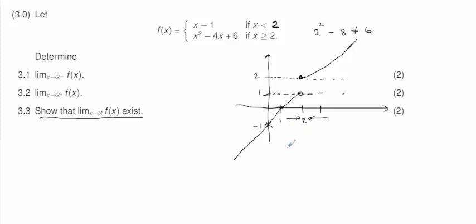Now, on the other hand, I would like to share with you another idea of showing that this limit does not exist, especially for the left hand side of 2, because x is not in the domain of this expression.